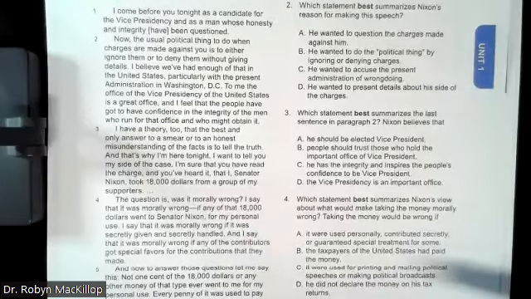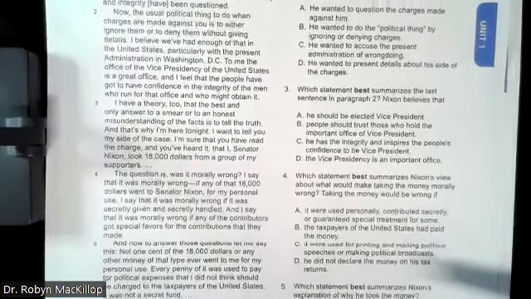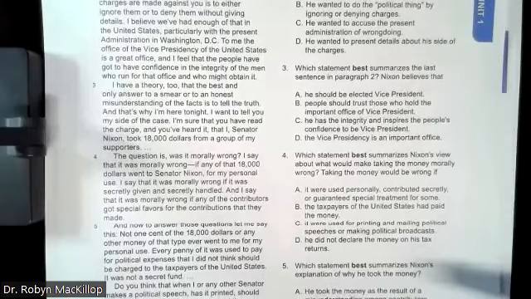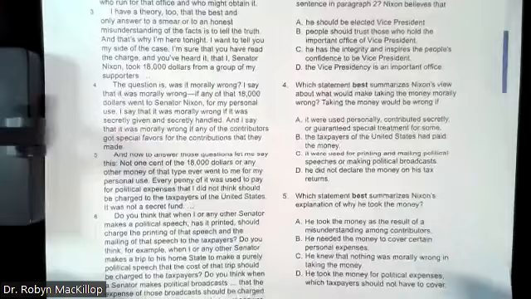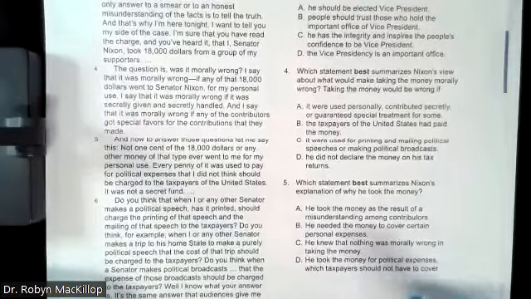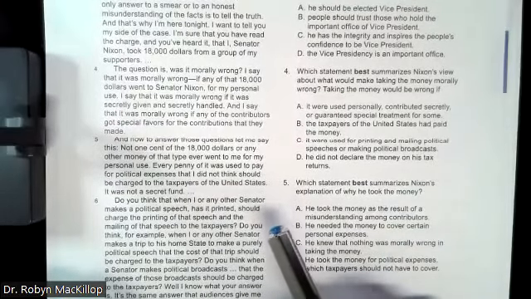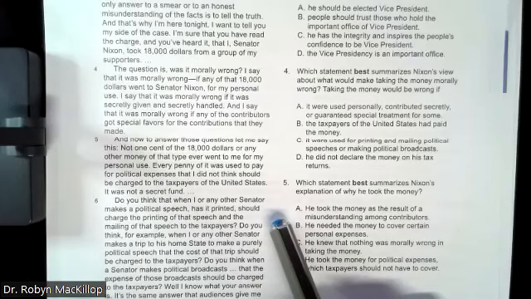And I say it was morally wrong if any of the contributors got special favors for the contributions that they made. And now to answer those questions, let me say this. Not 1 cent of the $18,000 or any other money of that type ever went to me for personal use. Every penny of it was used to pay for political expenses that I did not think should be charged to the taxpayers of the US.